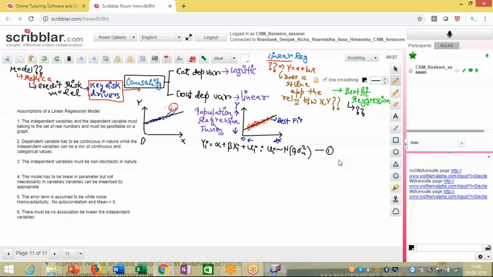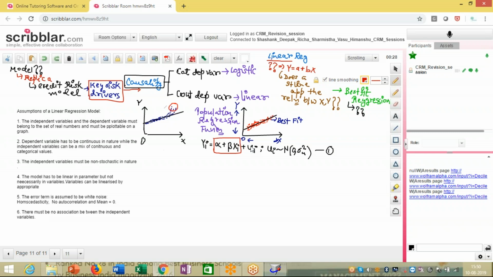It tells us that yi, the dependent variable, is composed of alpha plus beta xi. So it is a function of xi, and it is also a function of a random component ui, which follows a normal distribution with mean 0 and variance sigma square u.